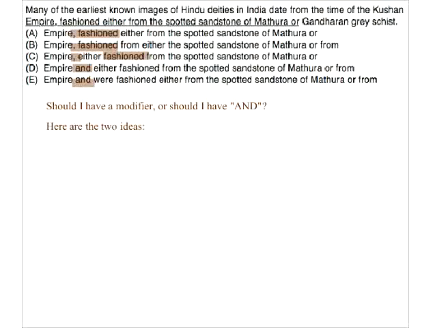So the 2 ideas are this idea of how old they are and what they're made of. Number 1, the images are like X number of years old, from the time of Y empire.